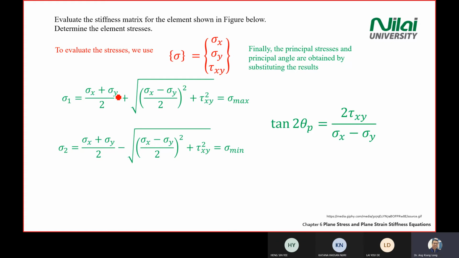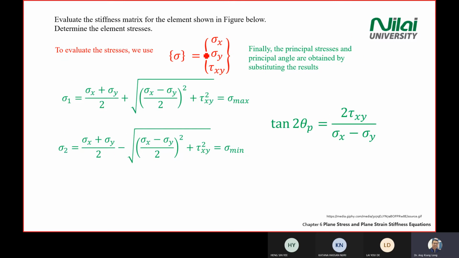Stress X plus stress Y, plus the square root of stress X minus stress Y, divided by 2, squared, plus the square of your shear stress. You get stress 1. Same, you replace with a negative, and we'll get another answer for principal number 2.